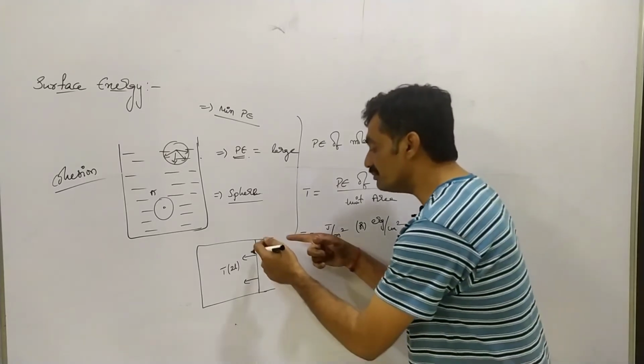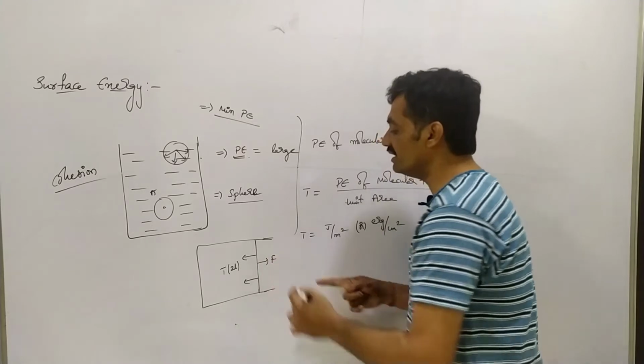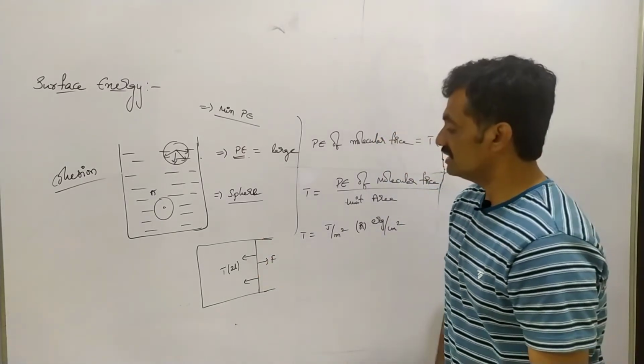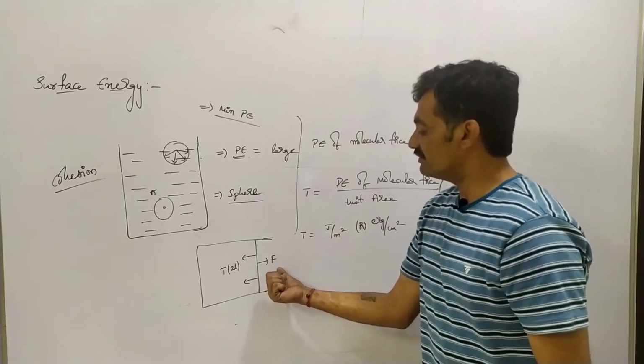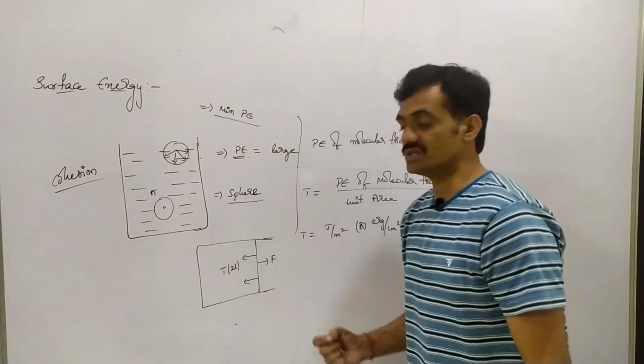Now, in order to balance it, a force has to be applied on the wire so that the wire will be in equilibrium. So we apply a force F such that it balances the force due to surface tension.